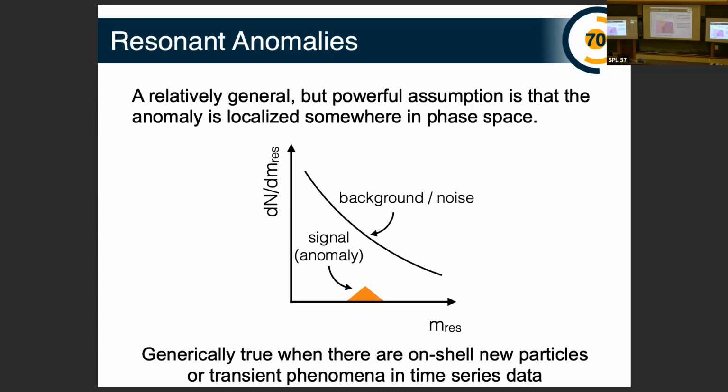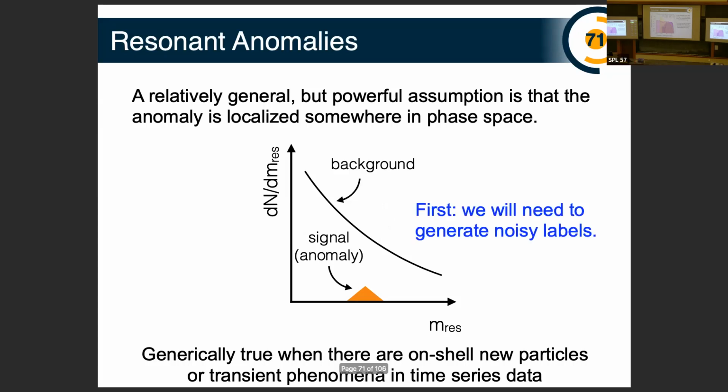For this observable, the standard model background is just some smooth featureless distribution. It could be steeply falling, but it doesn't really matter. And the signal, if it exists, is going to be localized somewhere. I don't know where, but it's localized somewhere. This is generically true if I have some new particle that's produced on shell. The reconstructed mass will be the resonant feature, and the standard model background will be the continuum.